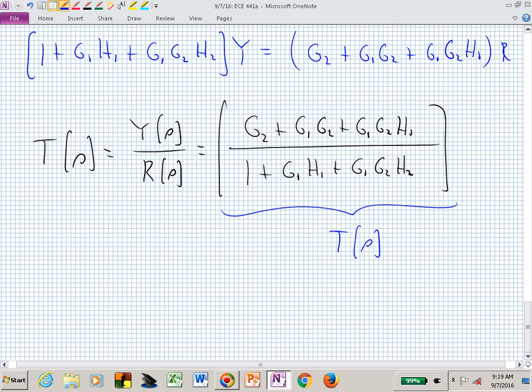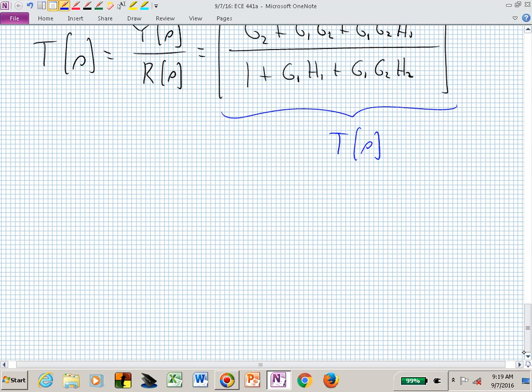And from that, you could identify your poles and zeros of that system. The zeros would be the values of s that cause T to vanish, and the poles would be the values of s that cause the denominator to vanish, or the entire thing to go unbounded. That's block diagram algebra via an example.